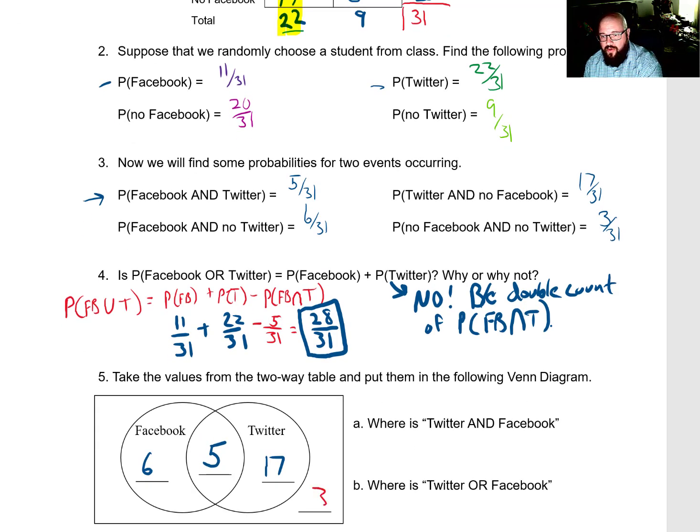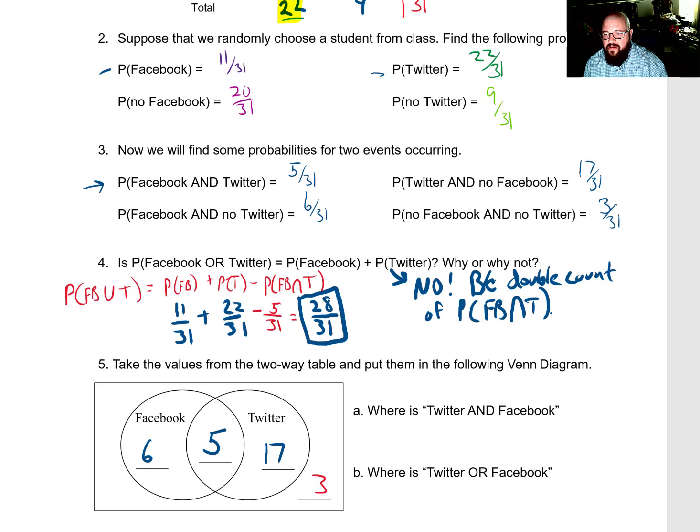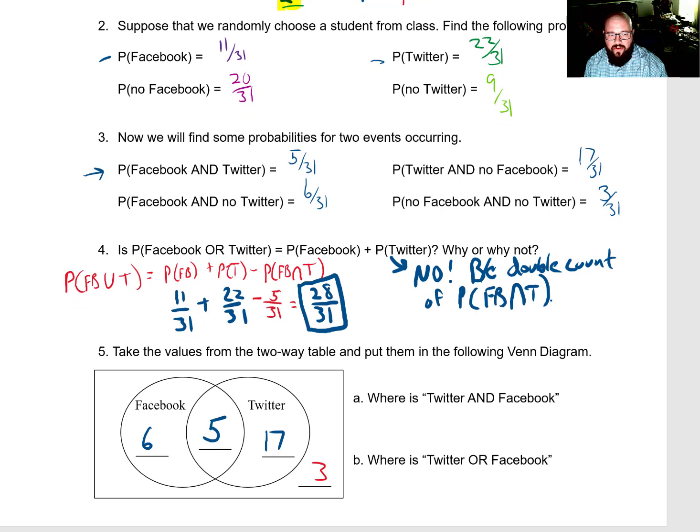So in this case, where it's asking where is Twitter and Facebook, well, we already determined that, right? Twitter and Facebook is right there in the middle, in the center overlap.